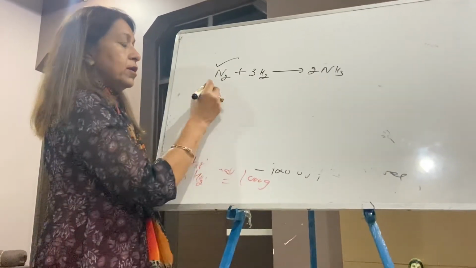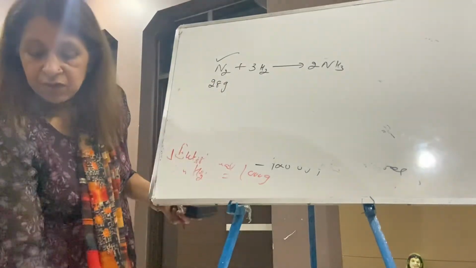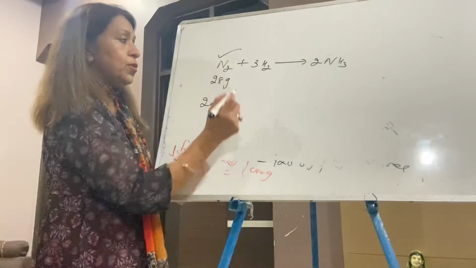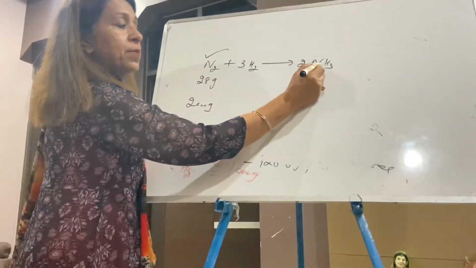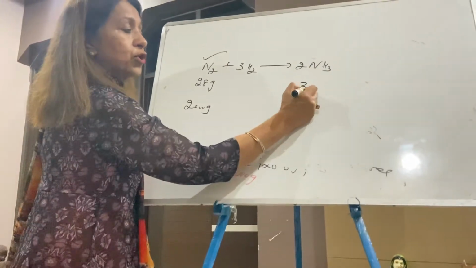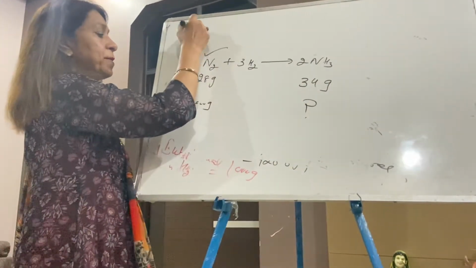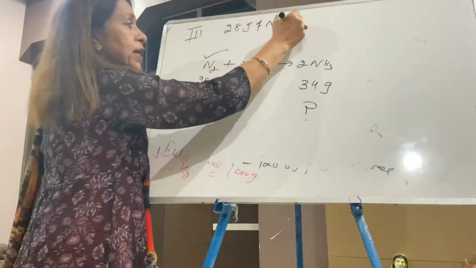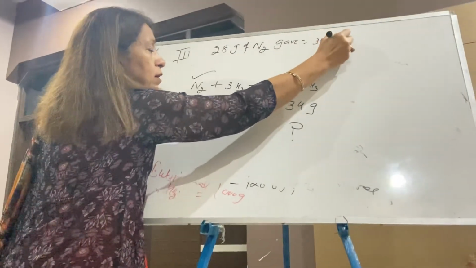Nitrogen is 28 gram, and the nitrogen weight given was 2000 gram. Now for ammonia, 17, 14 plus 3, 17 into 2, 34 gram. Now apply the third unitary method: 28 gram of nitrogen gave 34 gram of ammonia.